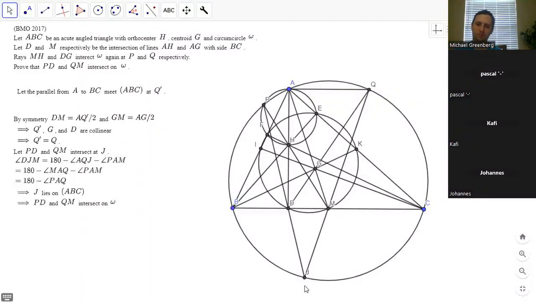And then we can use Ceva's theorem to finish, to show that BD over DC is just BF over FA times AE over AC. And if we multiply that all together, we get that the point of intersection of PD with the circumcircle is also this point on the symmedian.